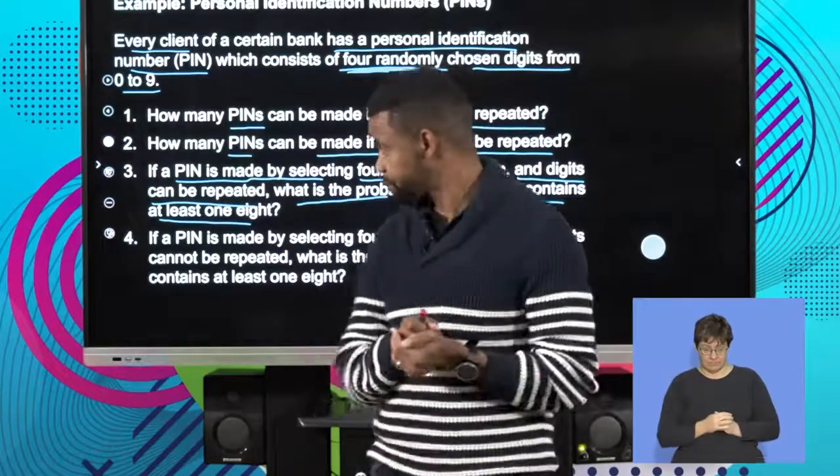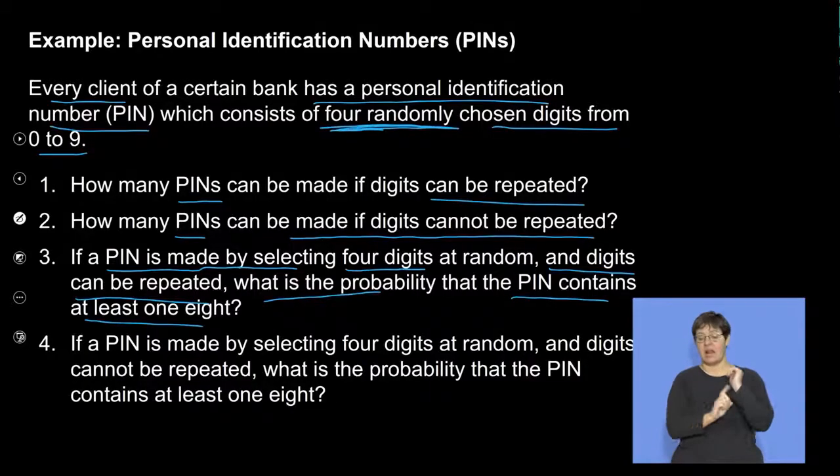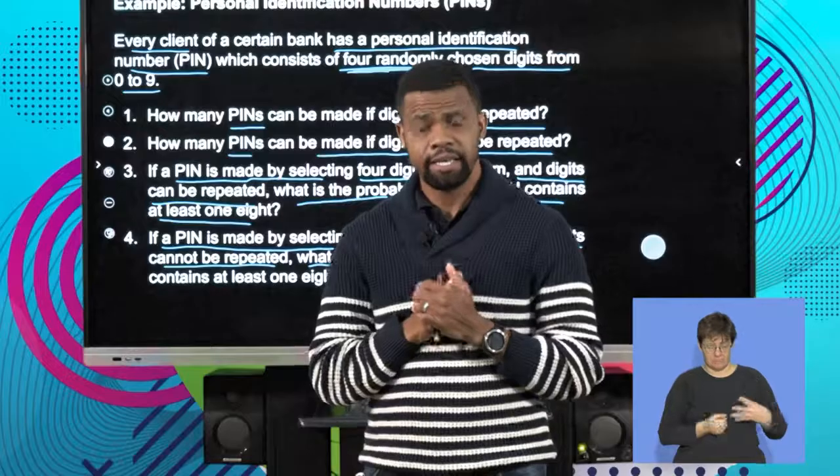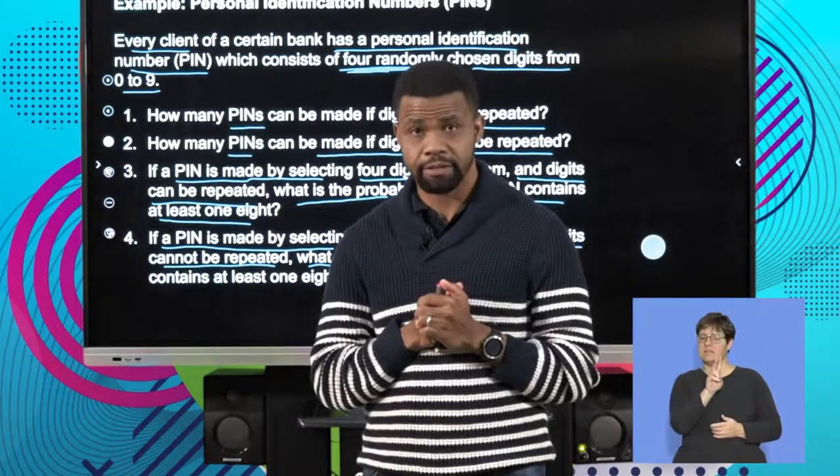Interesting question. Then our last question: if a PIN is made by selecting 4 digits at random and digits cannot be repeated, what is the probability that a PIN contains at least one 8? Are we together? Fantastic. Let's see how we can tackle this.